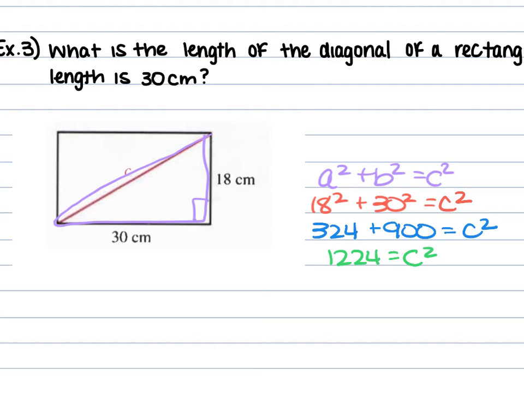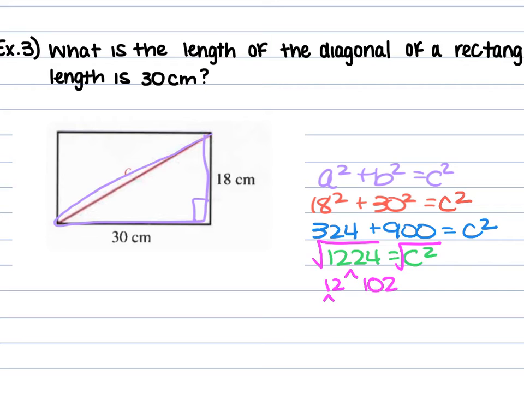We would take the square root of both sides. We cannot take the square root of 1224, so find the prime factorization of it. 1224 divided by 12 is 102, sorry, 102. 12 goes into 12 one time, 12 goes into 2 zero times, 12 goes into 24 two times.